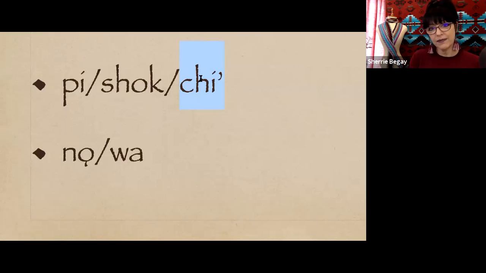Nope, it doesn't. It ends in a glottal stop, which is a consonant. Does this one end in a short vowel? No, it also does not. It ends in a K, which is a consonant. Does this one end in a short vowel? Yes, it does. So this one has to be light. This syllable is the only light syllable in the whole word.